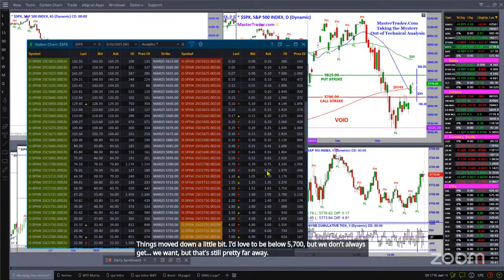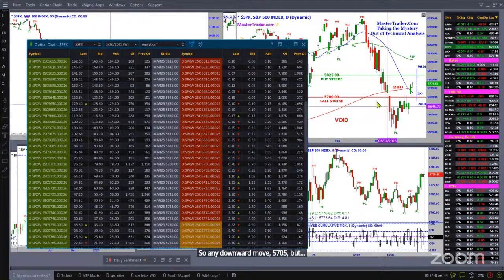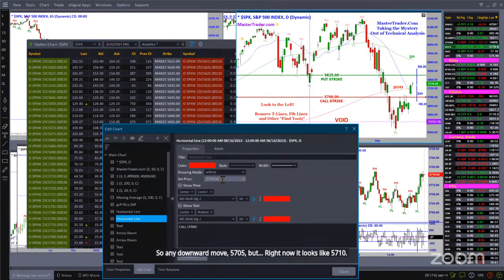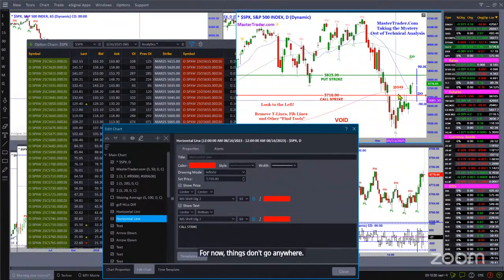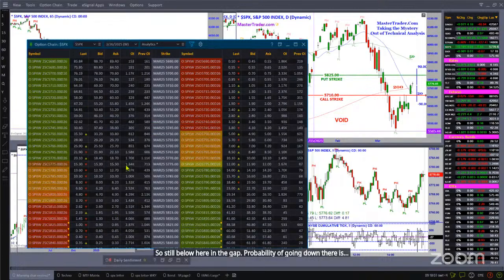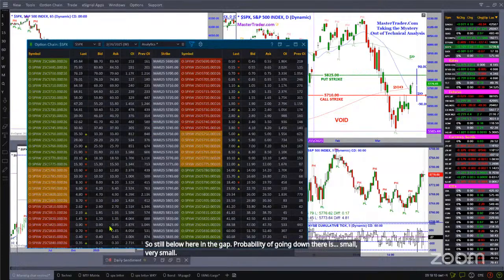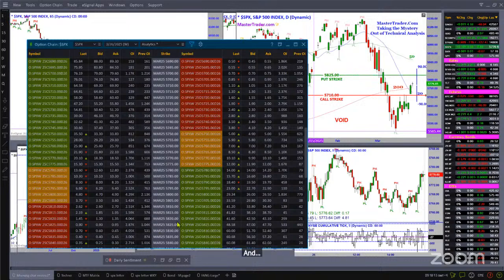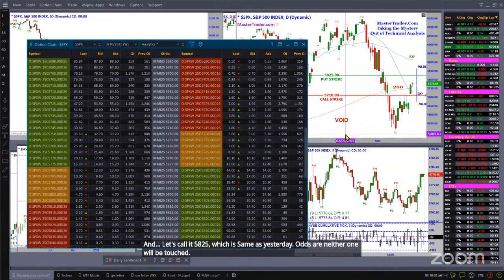So any downward move, 5,705, but right now it looks like 5,710. For now, things don't go anywhere. Also, still below here in the gap, so probability of going down there is small, very small. And let's call it 58.25, which is same as yesterday. Odds are neither one will be touched. All yours, Dan.